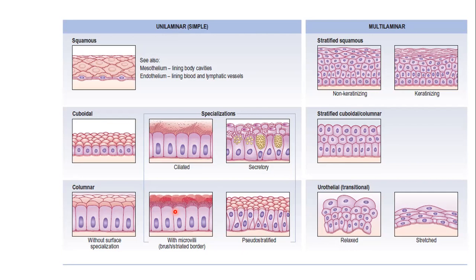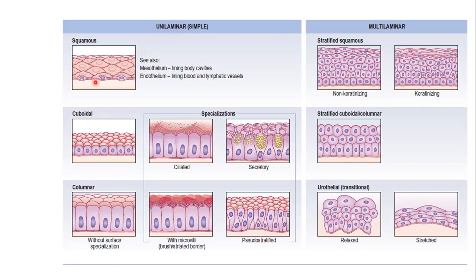The cells there are columnar cells, simple columnar epithelium, but those cells also have microvilli. So in the kidneys, the cells are cuboidal, but they have microvilli. In the small and large intestine, the cells are columnar, but they also have microvilli to increase surface area for absorption.